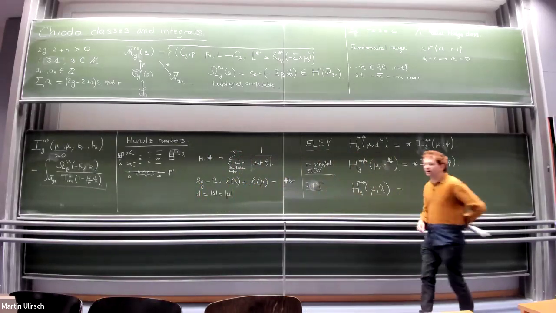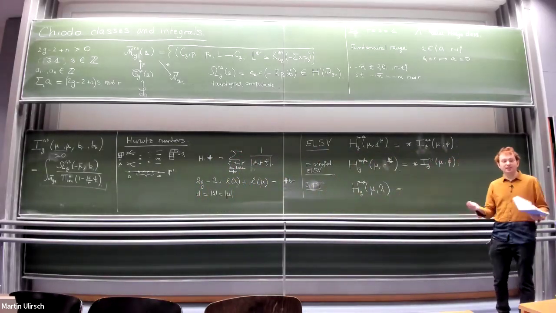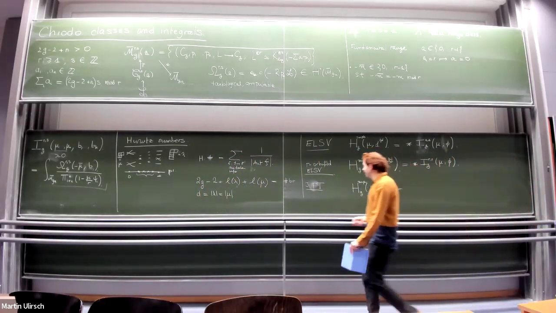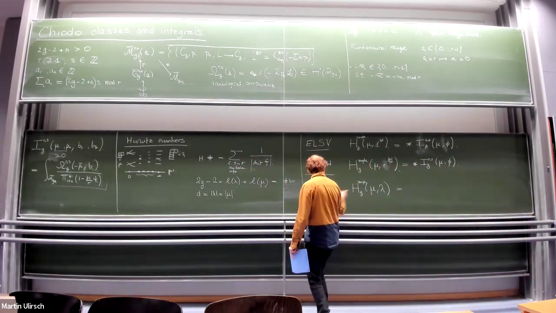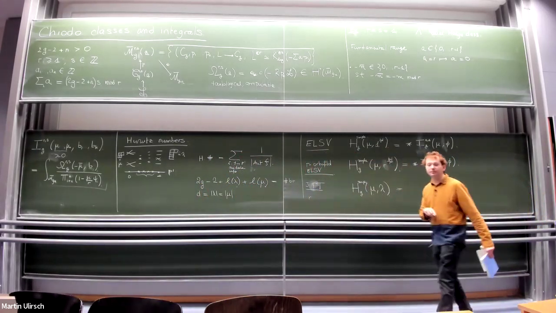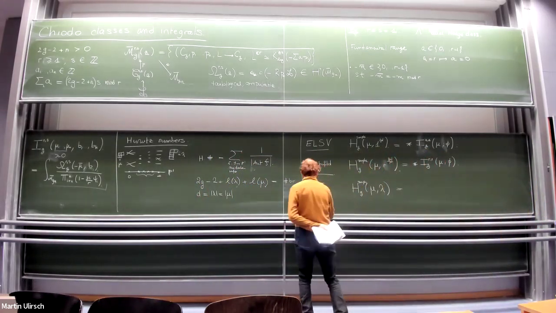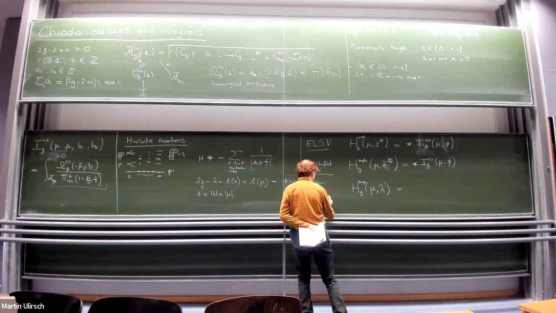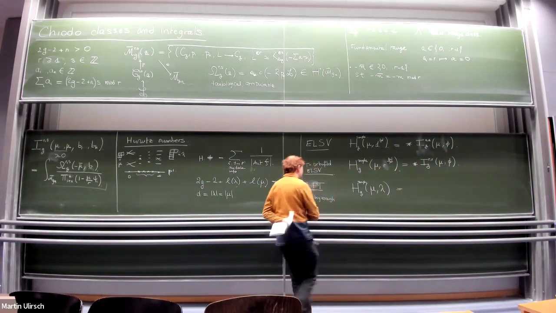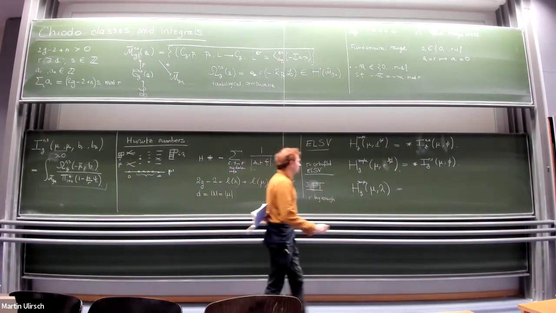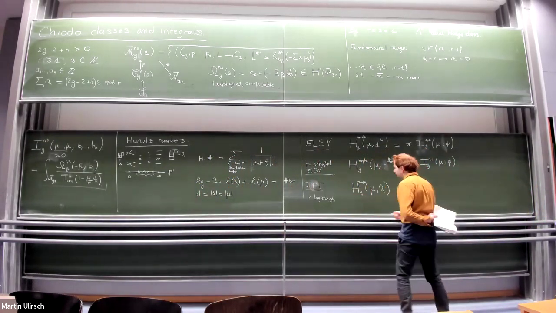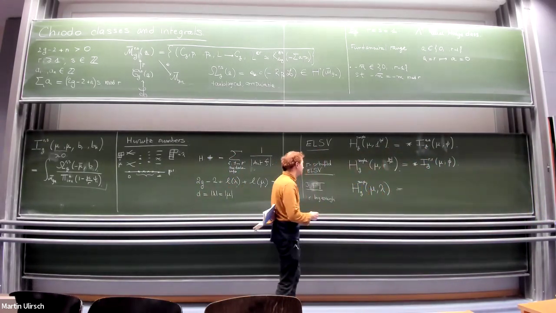So mu and lambda are arbitrary partitions of the same size, degree, and you have to fix some r. So there's no r in this problem, contrary to here, you fix some r big enough. And what does big enough mean?